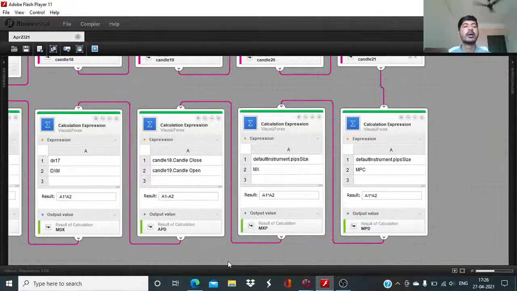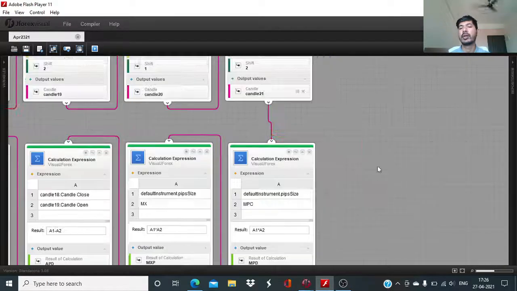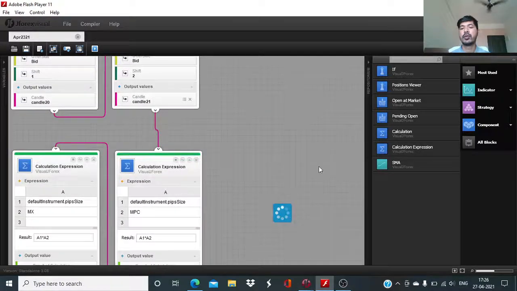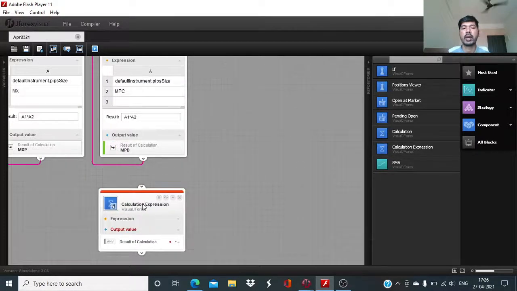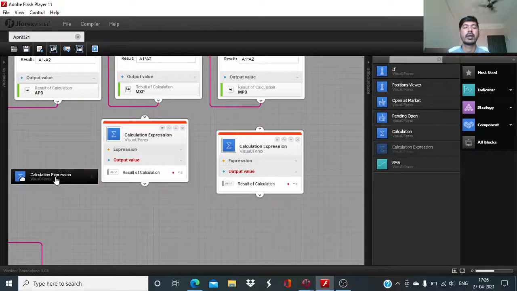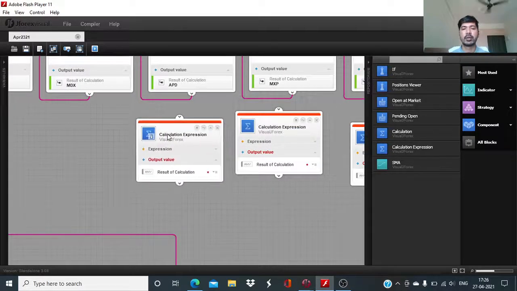As this is the sell side, we want the last hour's closing value to be below the prior hour's opening value, and that means now to look at the price difference, we will have to deduct the candle close from candle 19's candle open. So for that I will take a new calculation expression block, and also to define the stop loss and take profit, we are going to need two more calculation expression blocks.